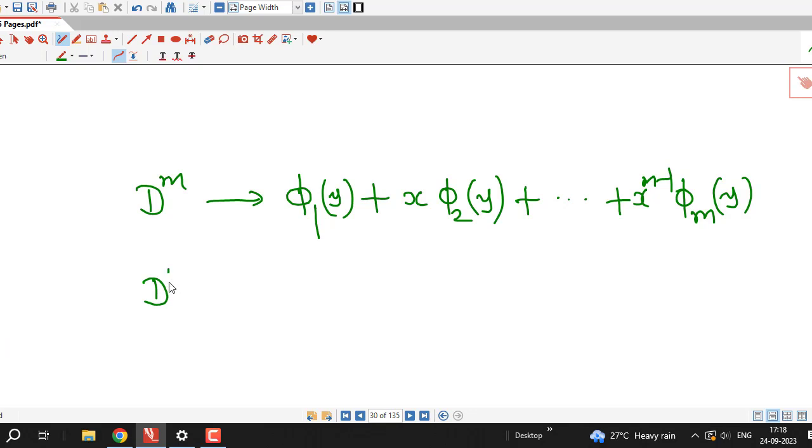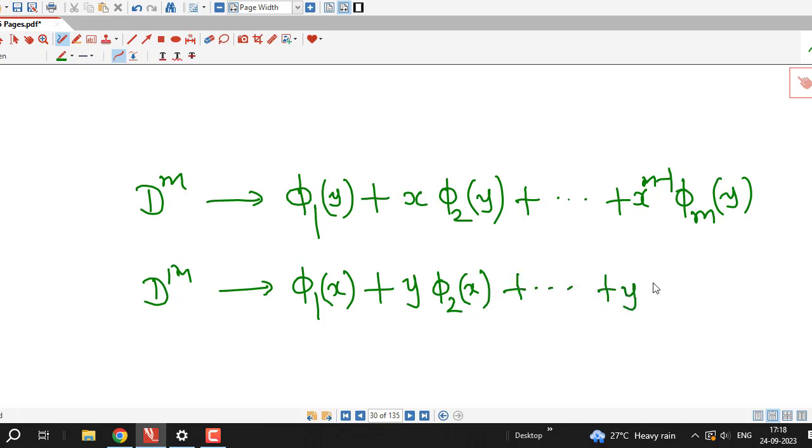And corresponding to D dash raised to m, we write m arbitrary functions of x, and we multiply by powers of y, so up to y raised to m minus 1 times phi m(x).